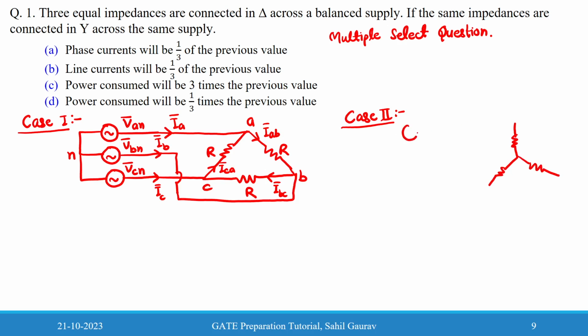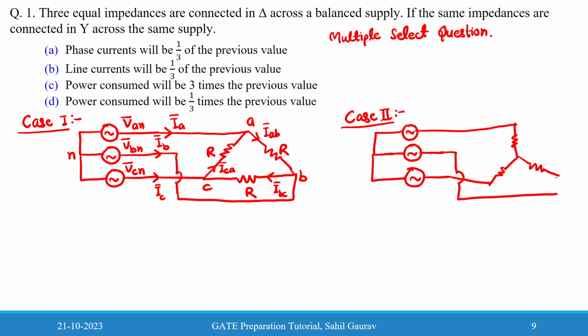So these are resistances R, with VAN, VBN, and VCN, and these are line currents IA, IB, and IC.